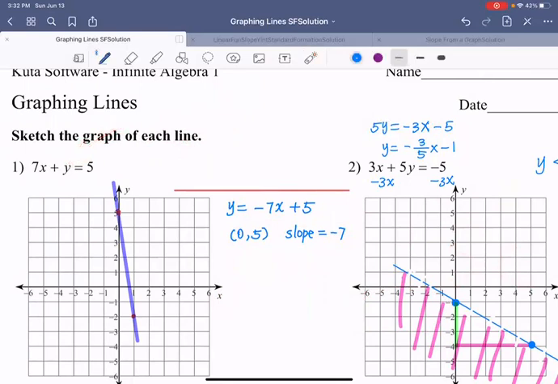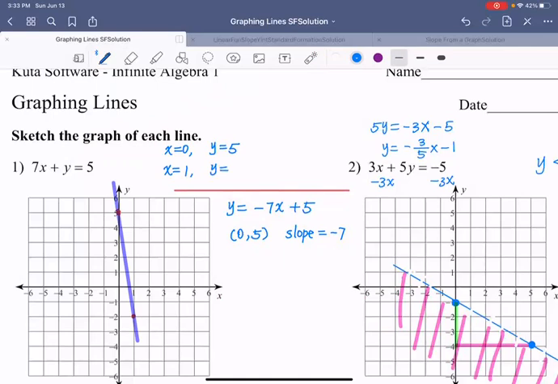I can give an x value. Tell me, when x equals 0, do your mental math, y equals how much? Five. Very good. Let's give x as -1, and maybe x equals 1. y equals how much? -2.